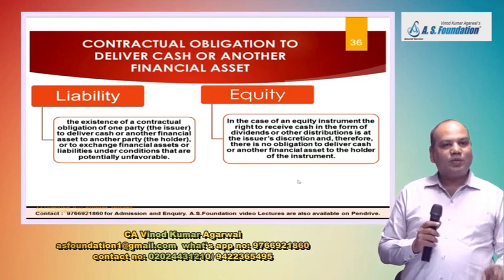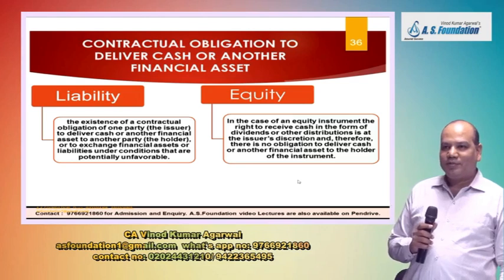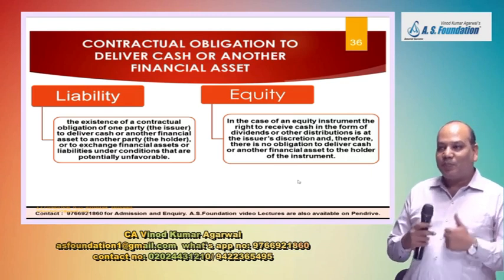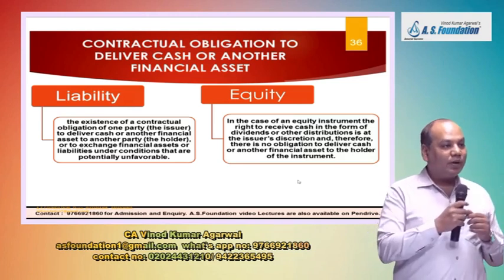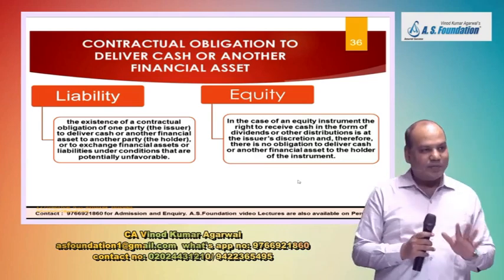Or the company says preference dividend will be paid only when equity dividend will be paid. Equity or liability? Preference share. Equity, because the company can always not pay the equity dividend and can avoid paying the preference dividend also. Okay. So now we'll take a small 5 minutes break.